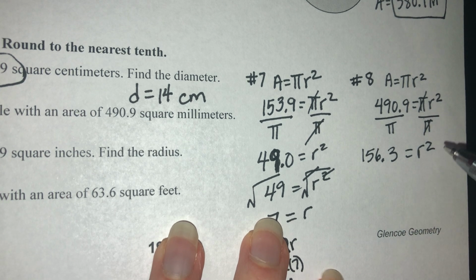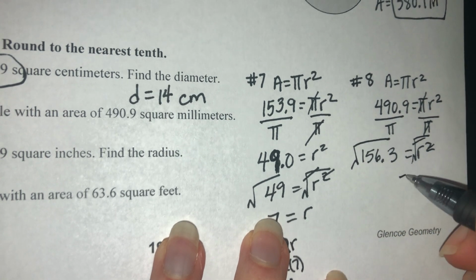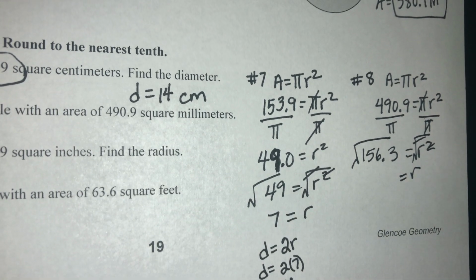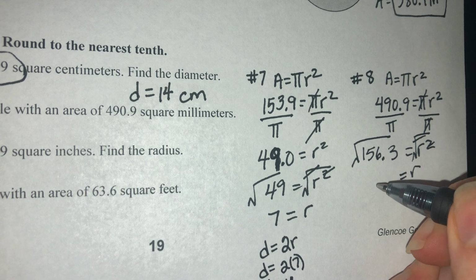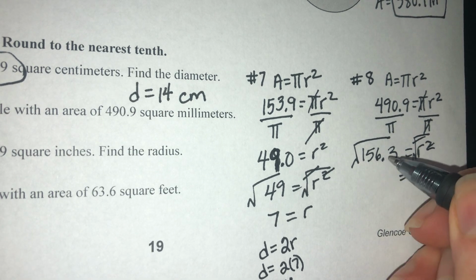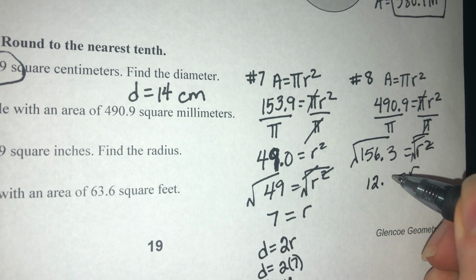And now, to get the r by itself, we have to take the square root on both sides. Square roots cancel out squares. So the square root of 156.3 is approximately 12.5.